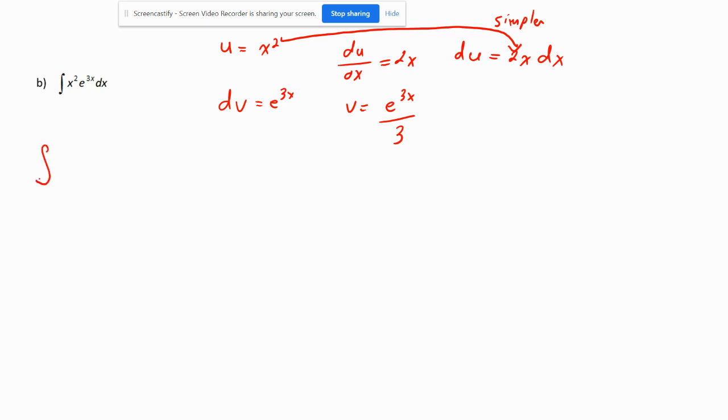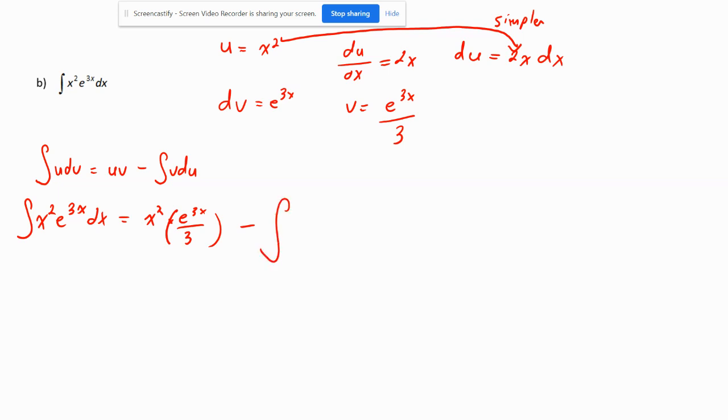So we're doing our u dv equals uv minus the integral of v du. The integral of x squared e to the 3x dx: uv is x squared times e to the 3x over 3, minus the integral of v du.